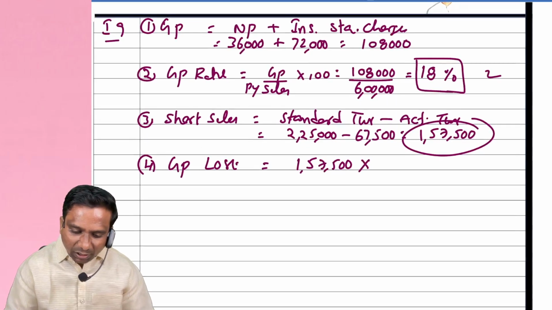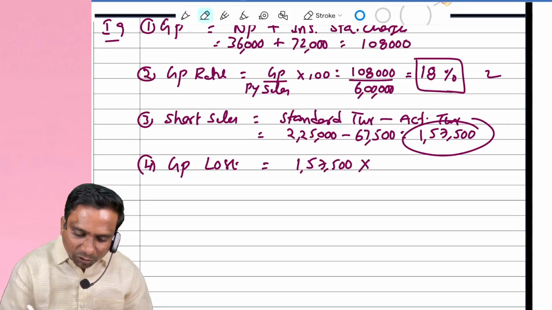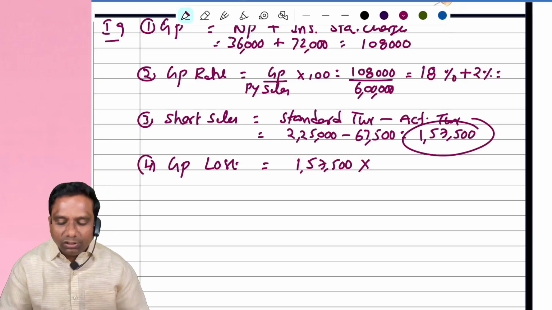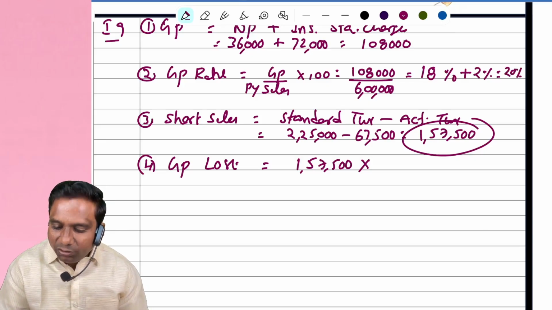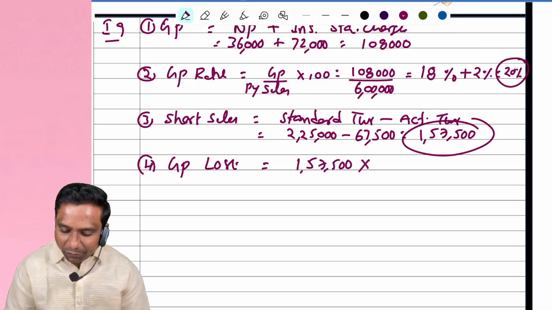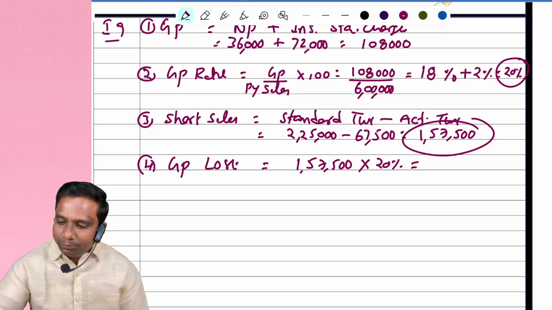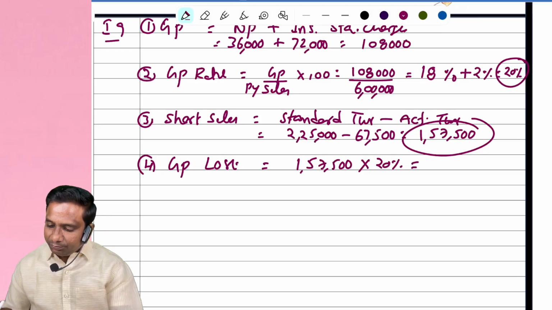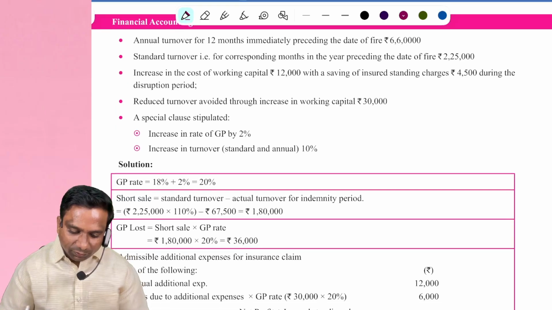Means the new gross profit rate is 20%. Very important point. So 157,500 into 20%.